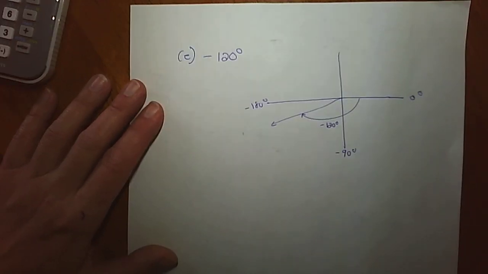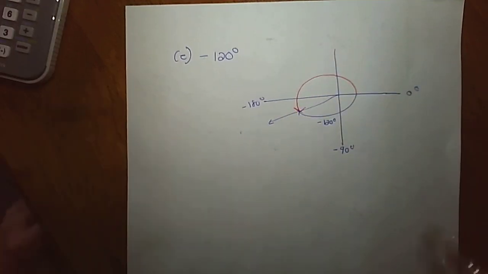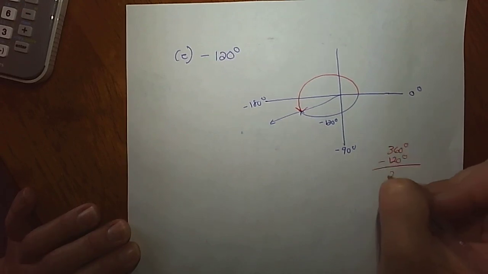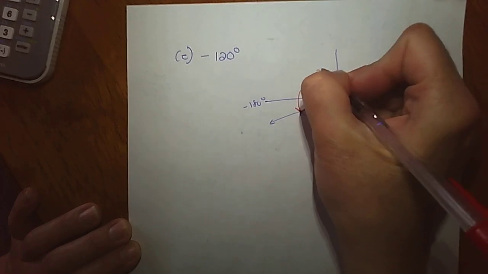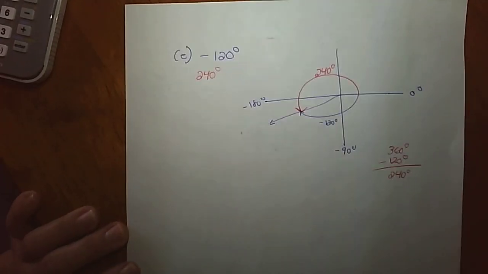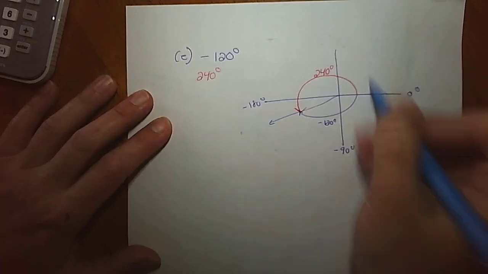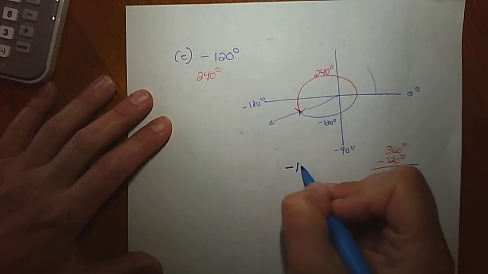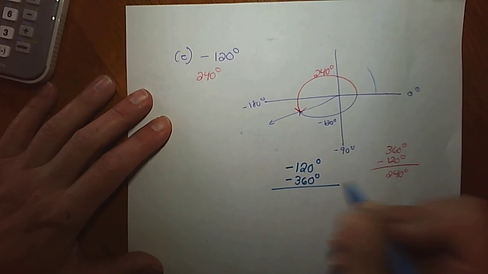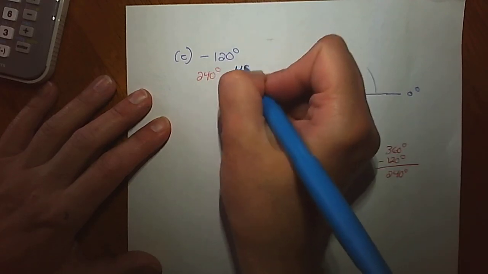So I've got to figure out this direction. So how far away is 360 and 120? Subtract those. 240. That's 240. So that's the opposite direction. What if I wanted to keep going around and make it more negative? Well, if I want to make it more negative, I subtract 360. And that would make negative 480. So that would be the other one.